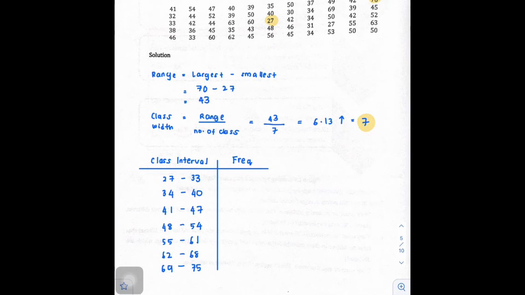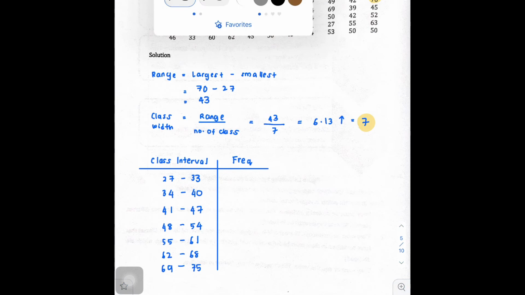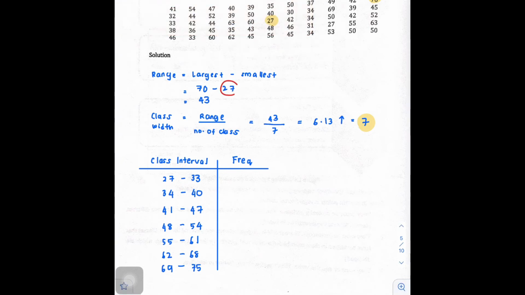And then make sure the lowest value, which is 27, is within the first class. Okay, 27 is in the first class. And the largest value, which is 70, is in your last class. You have to make sure of this. Okay, so make sure all the raw data here fall within the 7 equal classes only.